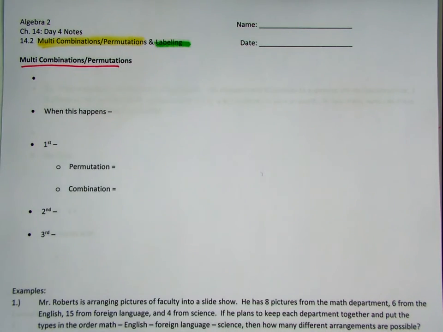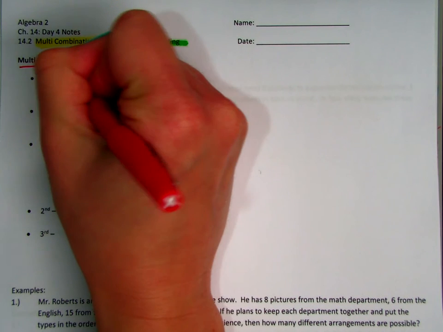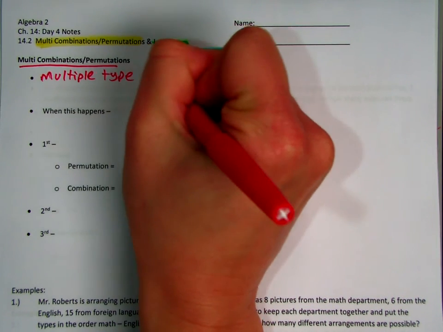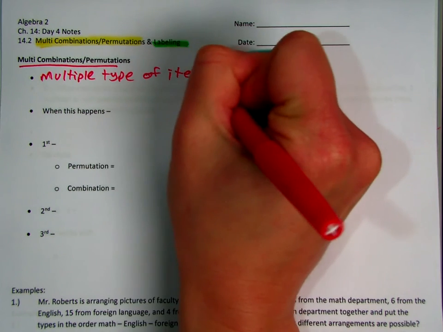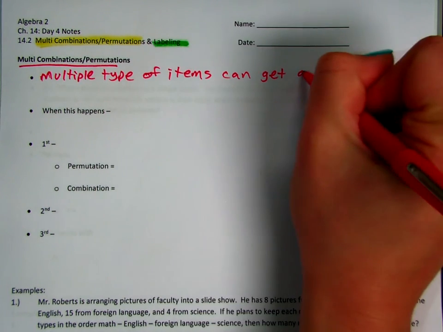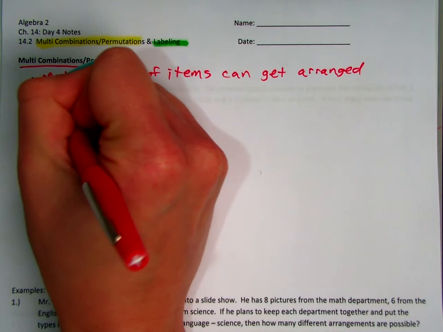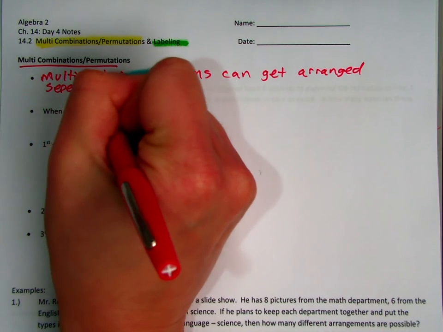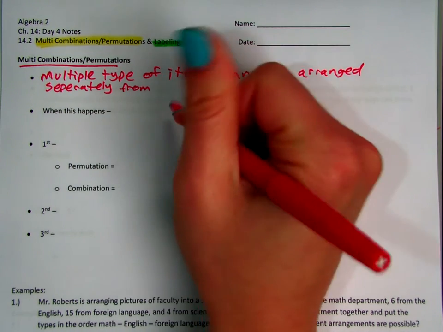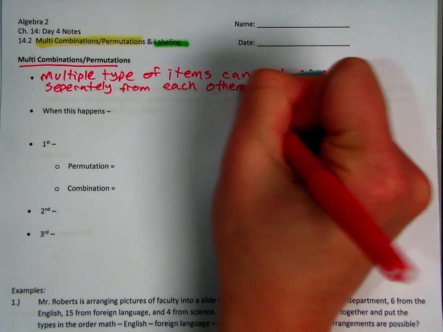So let's just start out with the multi-combinations and permutations. Multiple types of items can get arranged separately from each other and then combine to make an overall pattern.